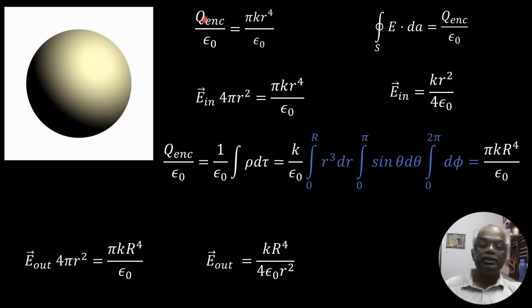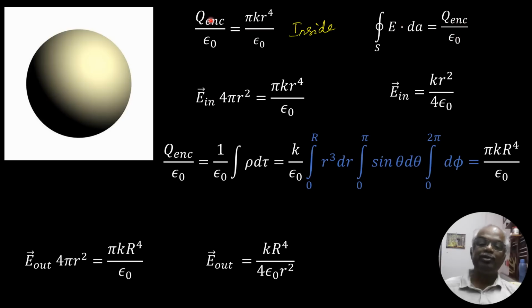We have seen the ratio of Q enclosed to epsilon naught as pi k r to the power 4 over epsilon naught. This is inside the sphere. Then we have to calculate the electric field inside the sphere. So the closed integral of E dot dA is equal to Q enclosed over epsilon naught.